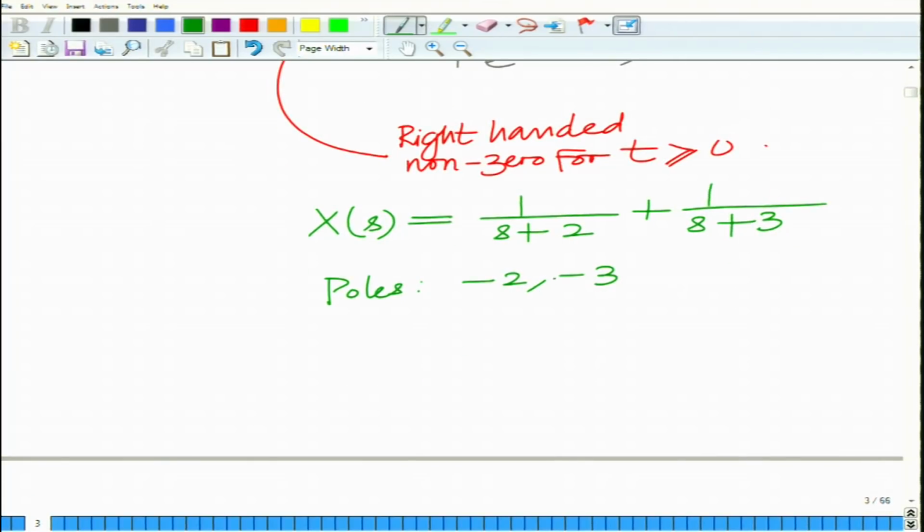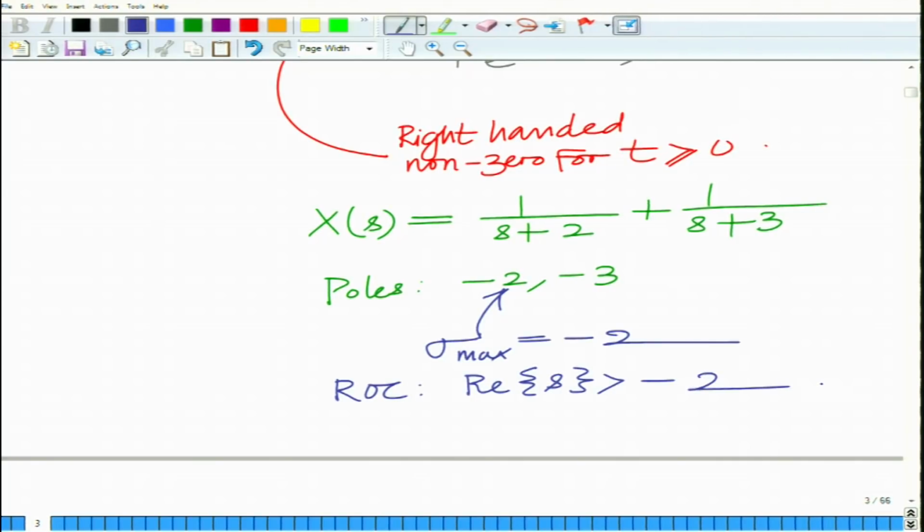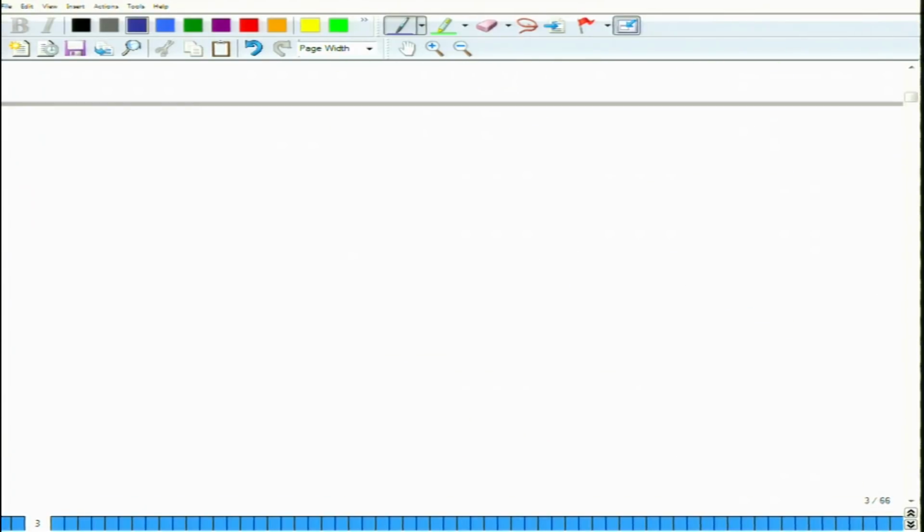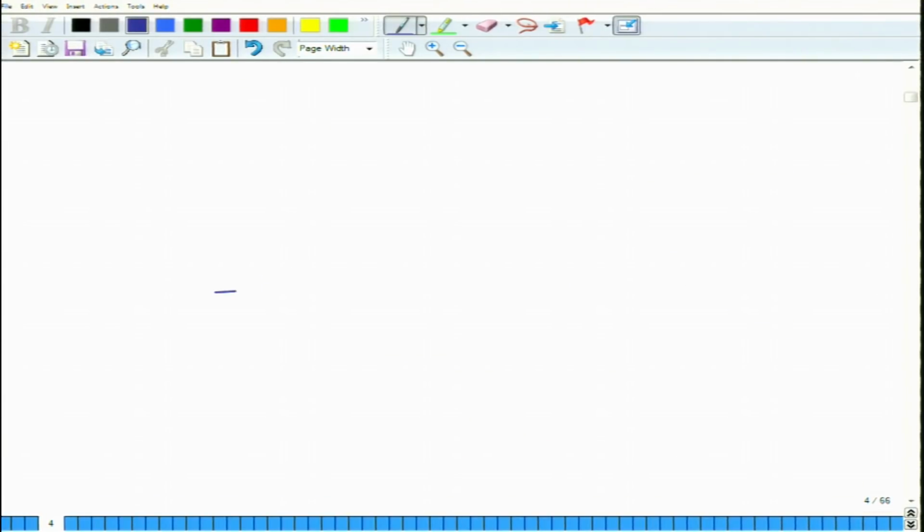Now the maximum, look at this, minus 2, minus 3, the maximum of the real part, sigma max, is minus 2, and therefore the ROC is real part of s greater than minus 2. Okay. And so, this is the ROC, and the ROC looks like this.